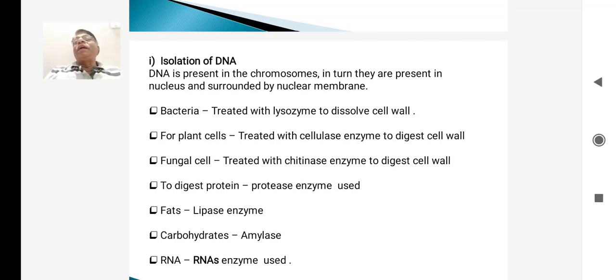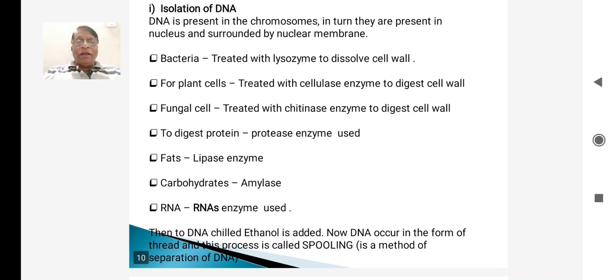The carbohydrates present in the cell are disintegrated or dissolved by the enzyme amylase. The RNA present in the cell is denatured by RNA polymerase enzyme.